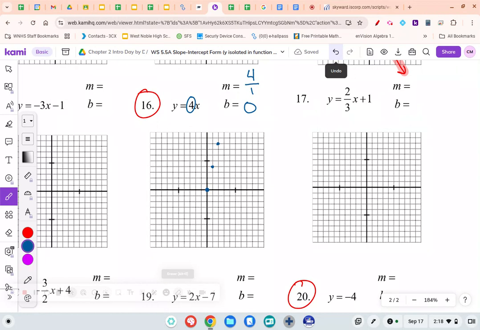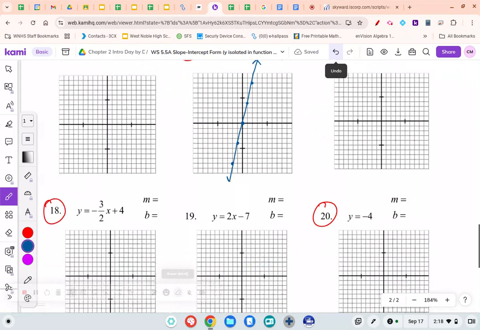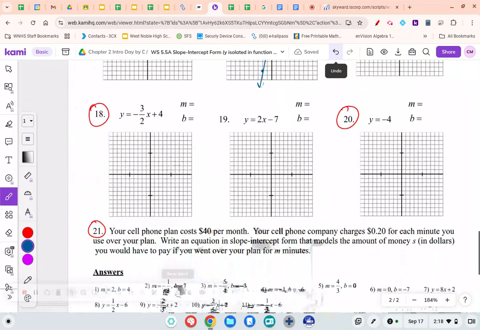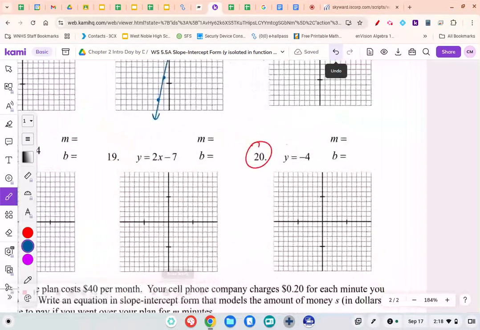Remember, equivalent to that is going down 4 and left 1, down 4 and left 1. And then I can graph in my line. Reminder, if you need to pause me or go back, you can.